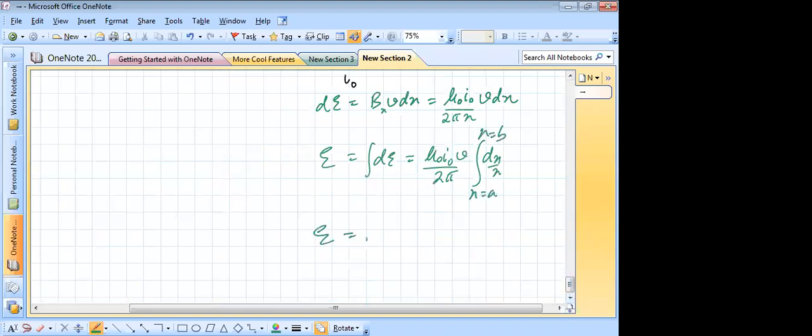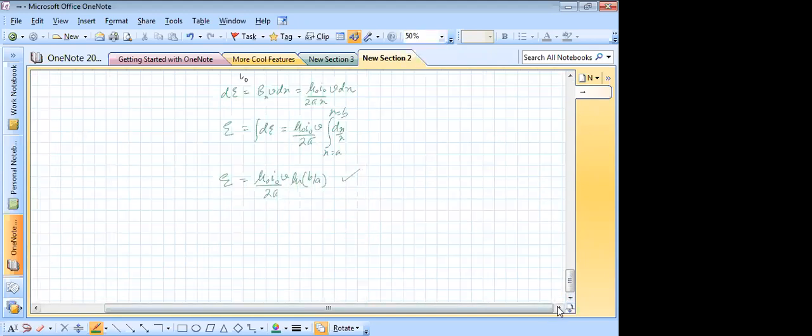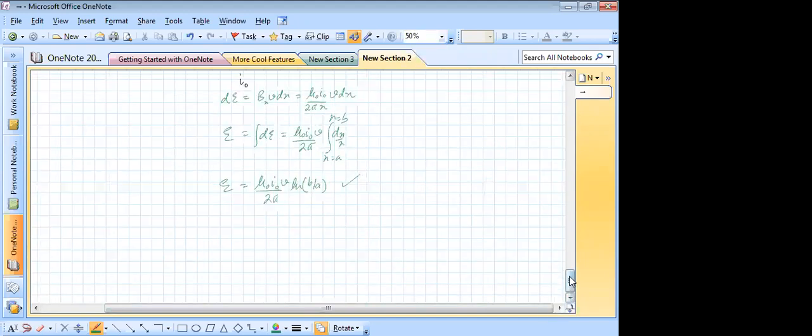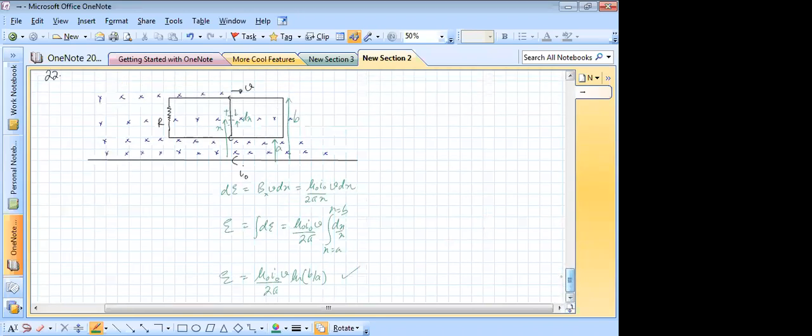So your EMF induced will be mu naught I naught v by 2 pi into natural log of b by a. This will become your EMF induced. And then divide that by resistance, you'll get the current induced. Okay beta, this question is clear?